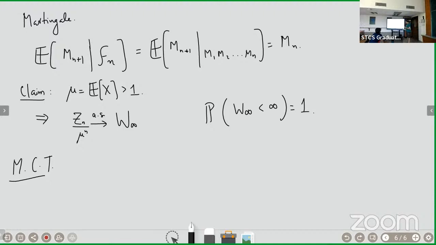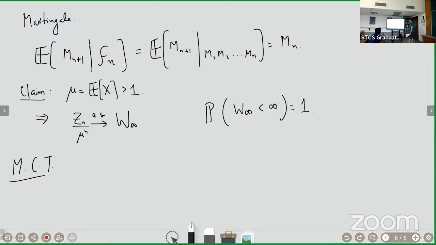What do you see as a martingale? Is Z_n a martingale? Check.